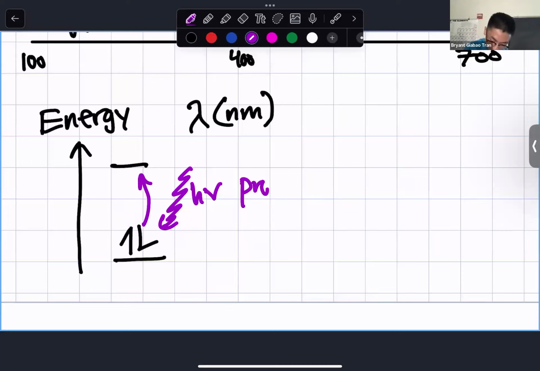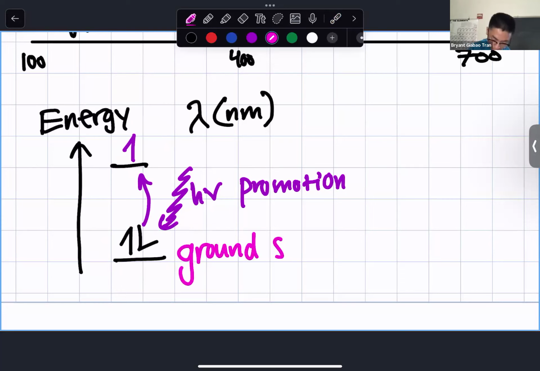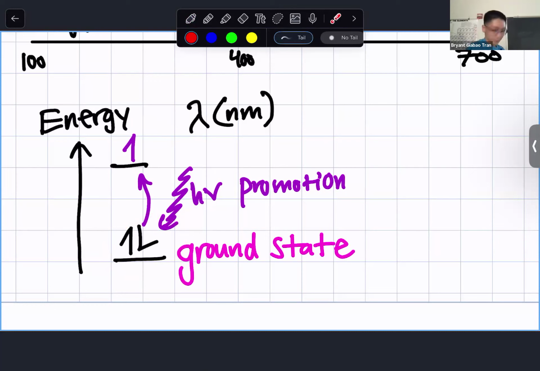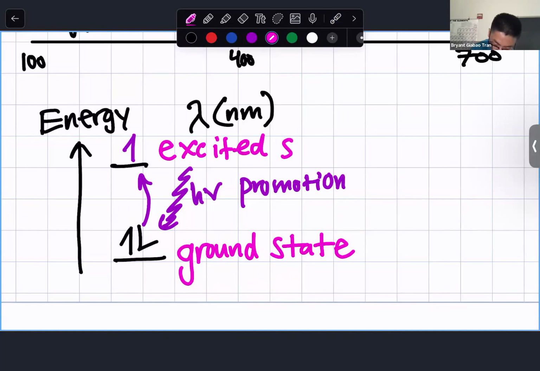This is called a promotion to a higher energy state. Right now, it is in the lowest energy state, and that is called the ground state. The ground state means that it is the lowest energy possible, meaning that it is the most stable orbital. Once we excite that electron, this is called the excited state, with higher energy.